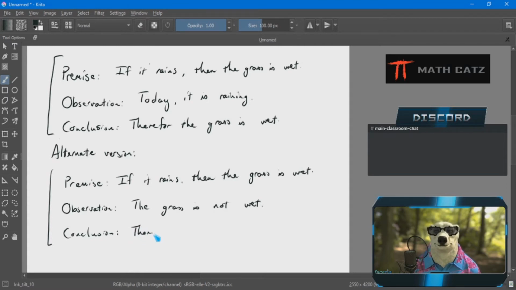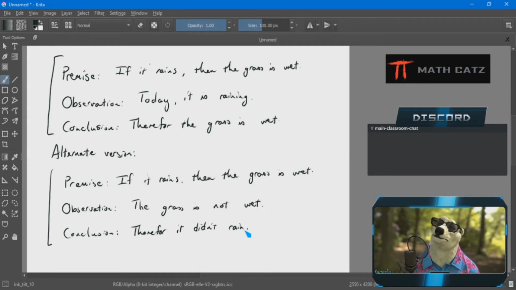I can say, well, therefore, it didn't rain, or it's not raining, or whatever version you want. That's still a 100% correct conclusion, because the premise is indisputable. It's always true. I have to have that at the core to start the argument.